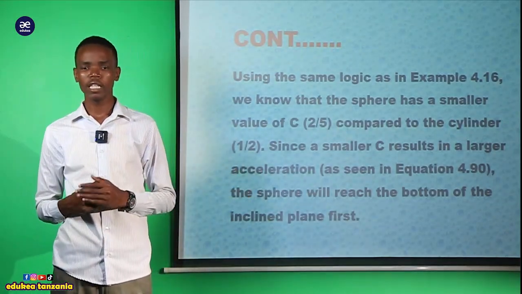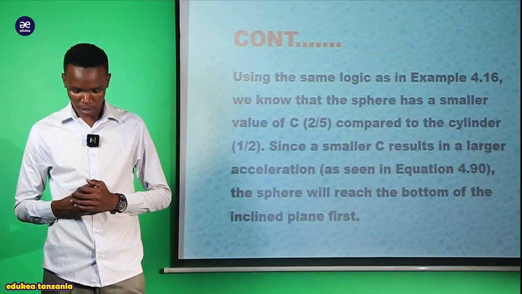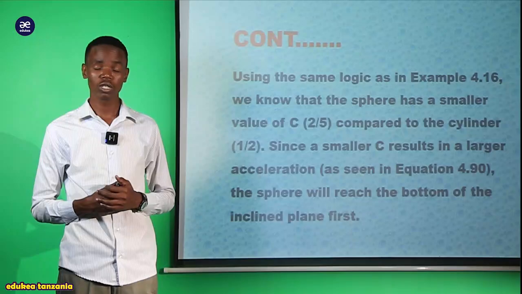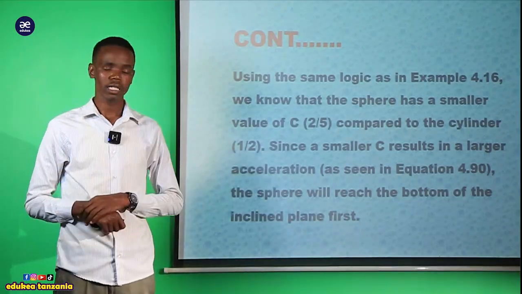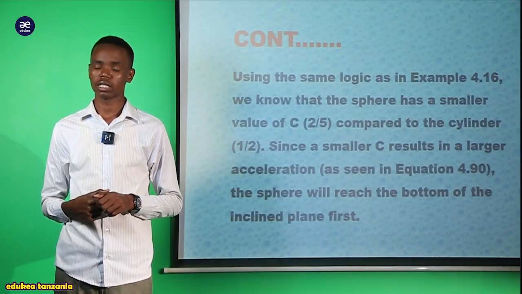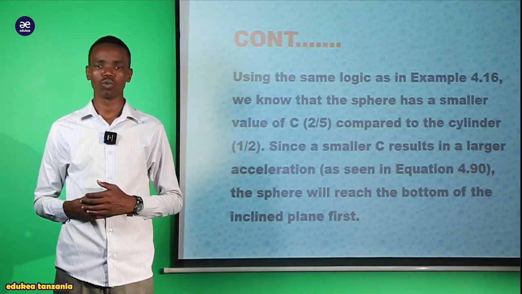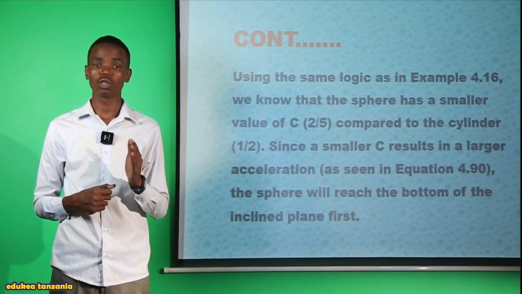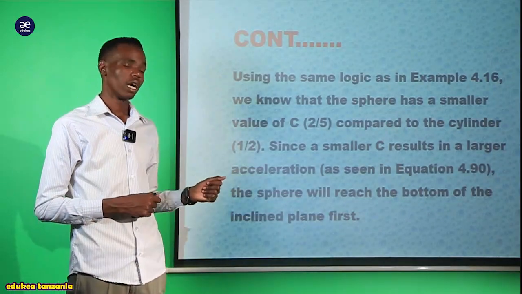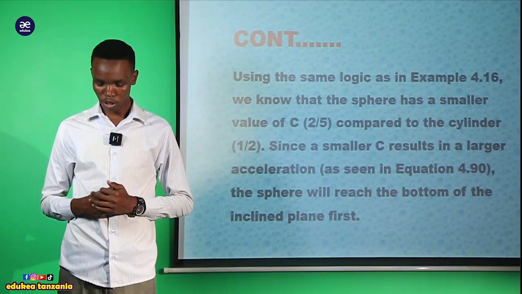For the sphere, the dimensionless coefficient C equals 2/5. But for the cylinder, C equals 1/2. This is what we are supposed to use to solve this question.